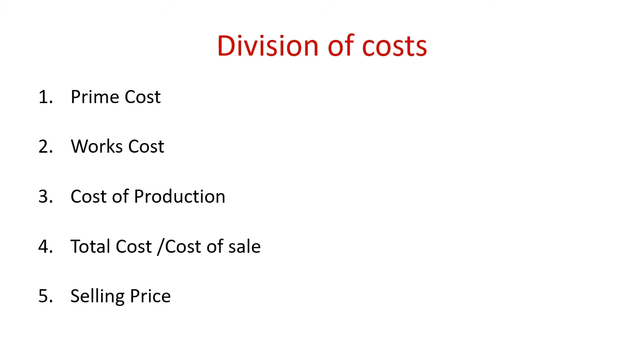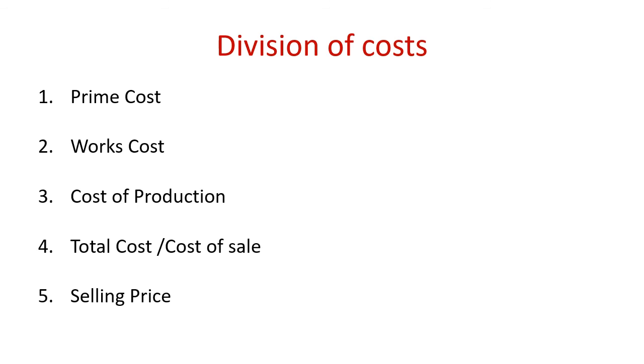And the fourth division is total cost or cost of sales. This is cost of production plus selling and distribution overhead. In other words, it is the total expenditure incidental to production, administration, selling and distribution of commodities manufactured.